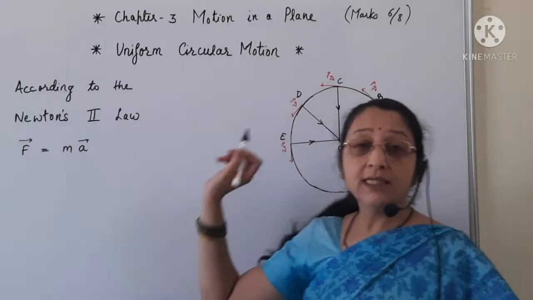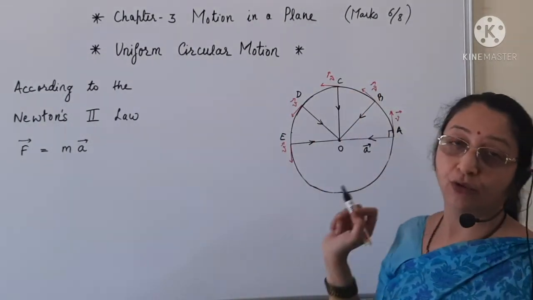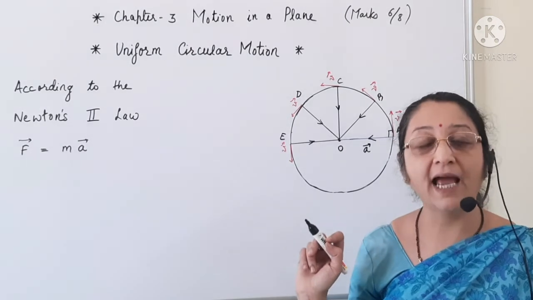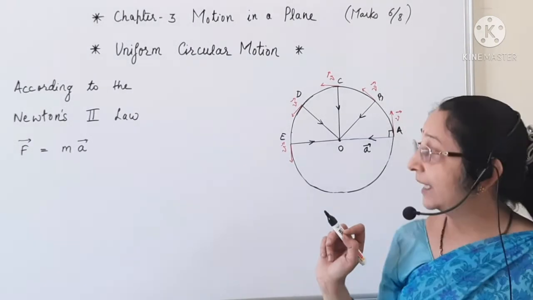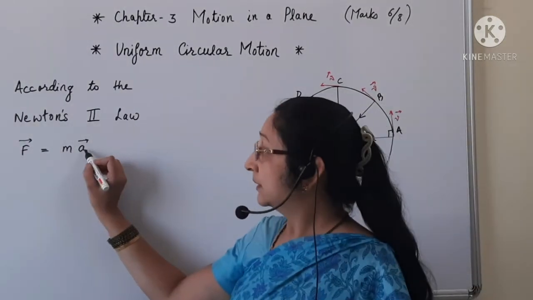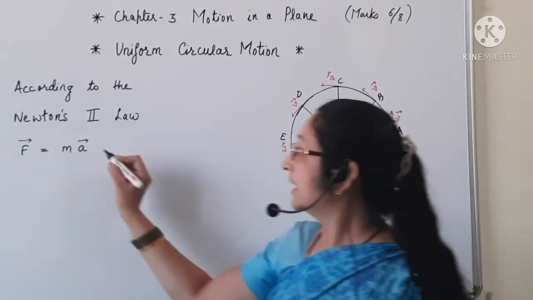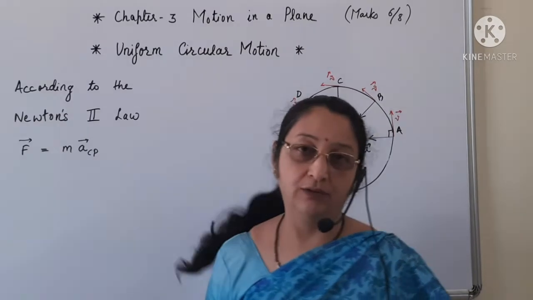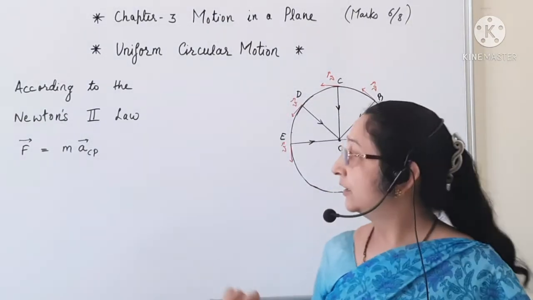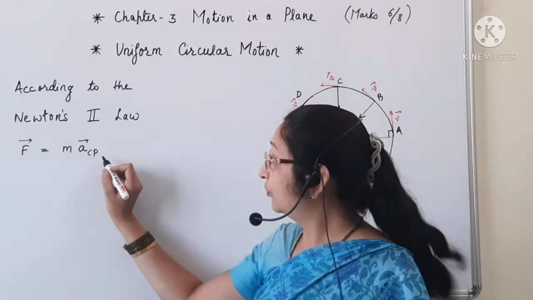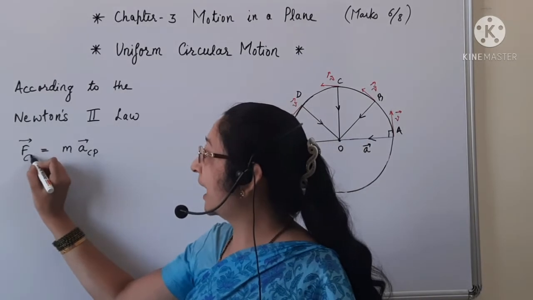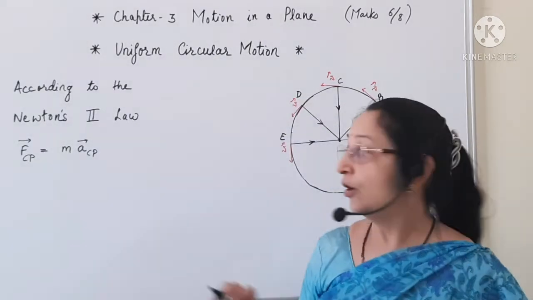Since uniform circular motion is an accelerated motion, the acceleration in uniform circular motion is centripetal acceleration, and hence the force related to this centripetal acceleration is called the centripetal force.